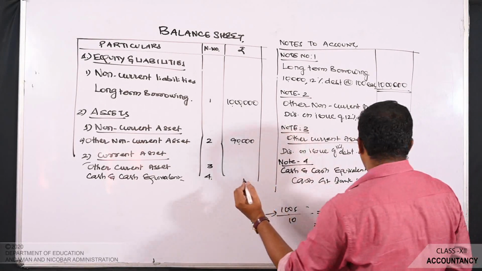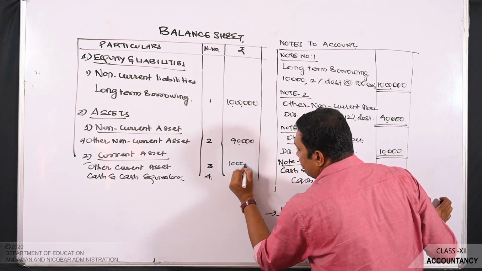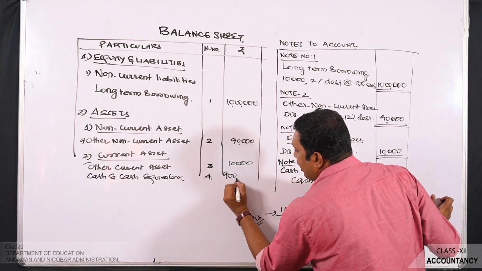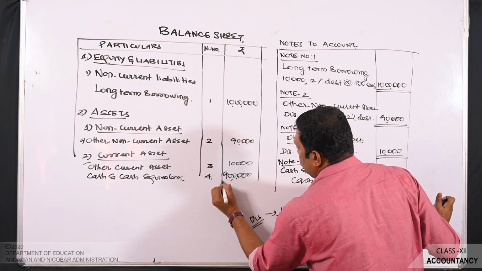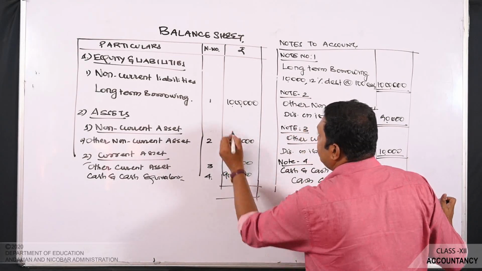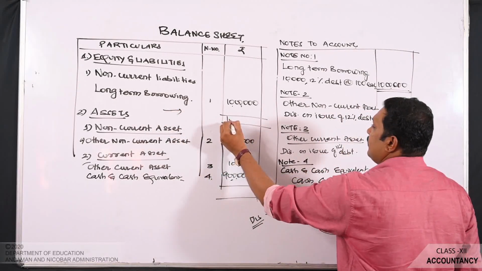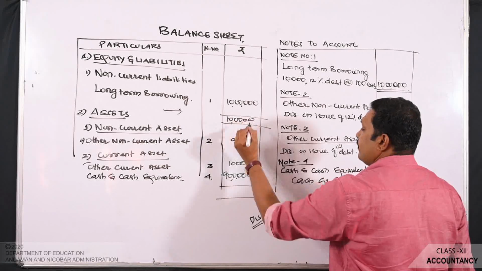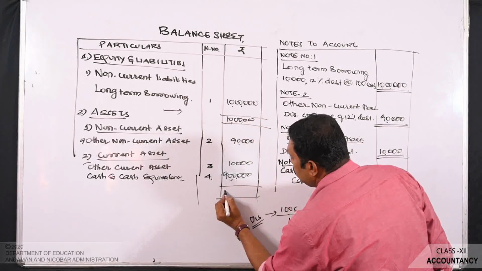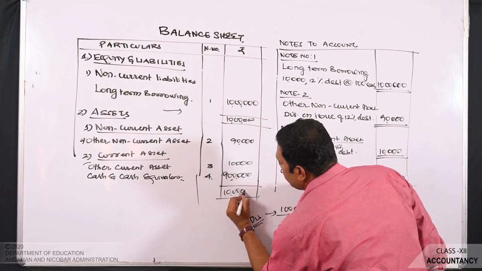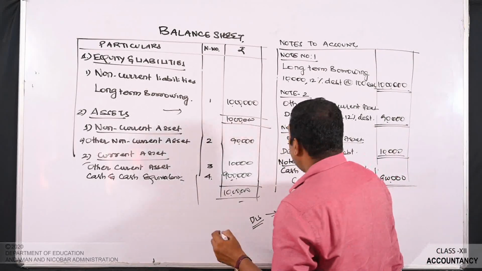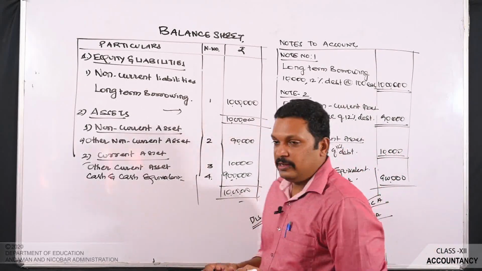Okay, so we have to write 10,000 here and 9 lakh in cash and cash equivalent. Now tally. Total of liability is 10 lakh and total of asset is also 10 lakh. Balance sheet tally.